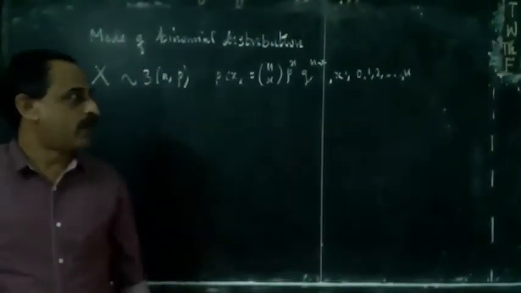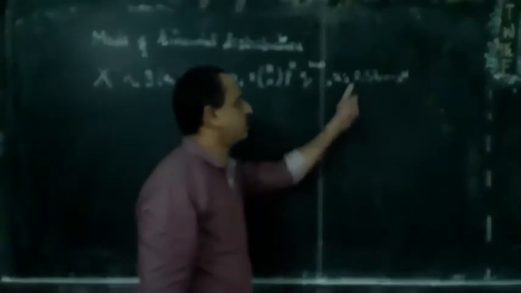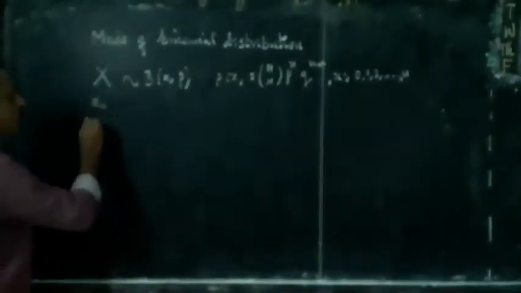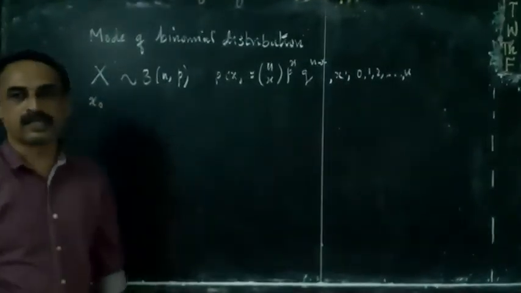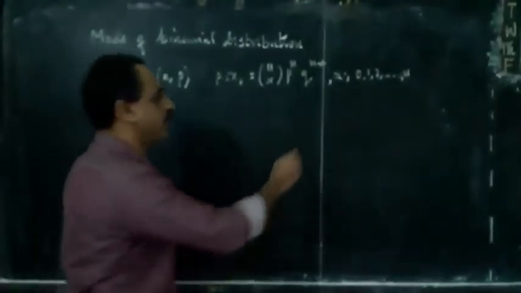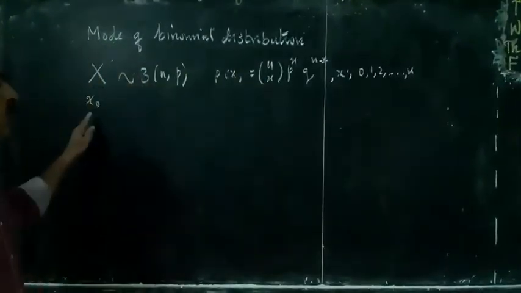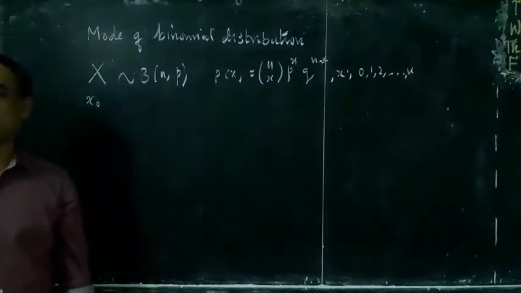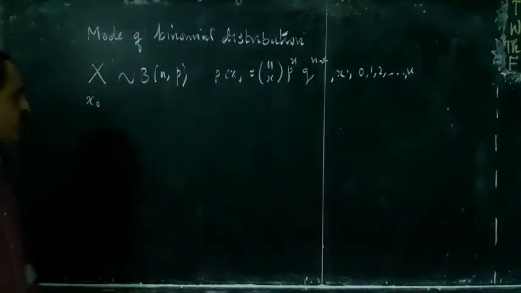According to the concept of mode, we have one value of this 0, 1, etc., n with the maximum probability. We assume that at x0 the probability becomes maximum. That is, x0 is one of the values among 0, 1, etc., n.